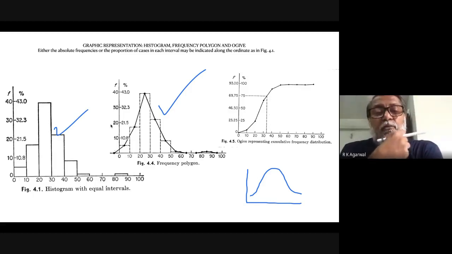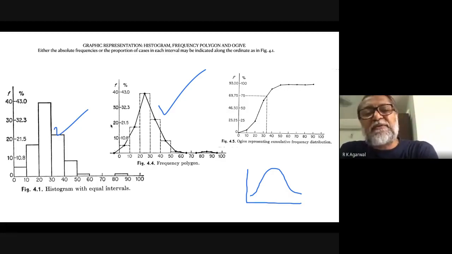But the moment you draw a frequency polygon or a frequency curve, you get a better idea of the distribution of cases. And in fact, you don't have to draw a histogram. All that you have to do is to first write down the midpoints of each class, and you plot the midpoint against the frequencies of that class. And you will straight away get a frequency polygon or a frequency curve.